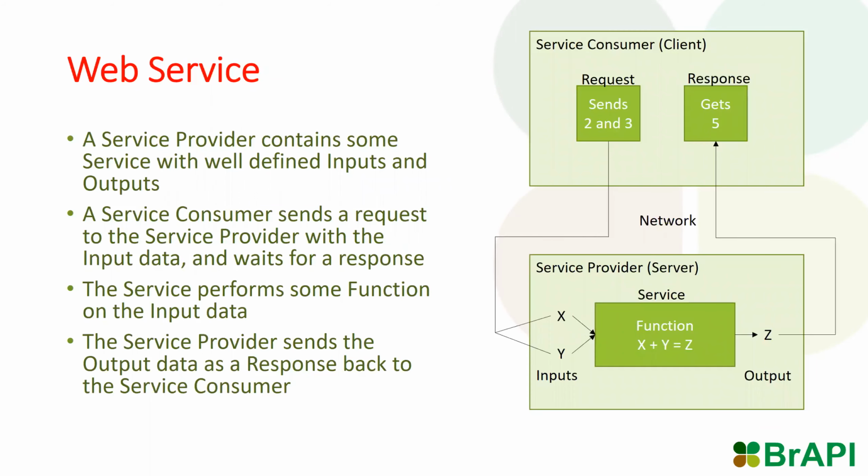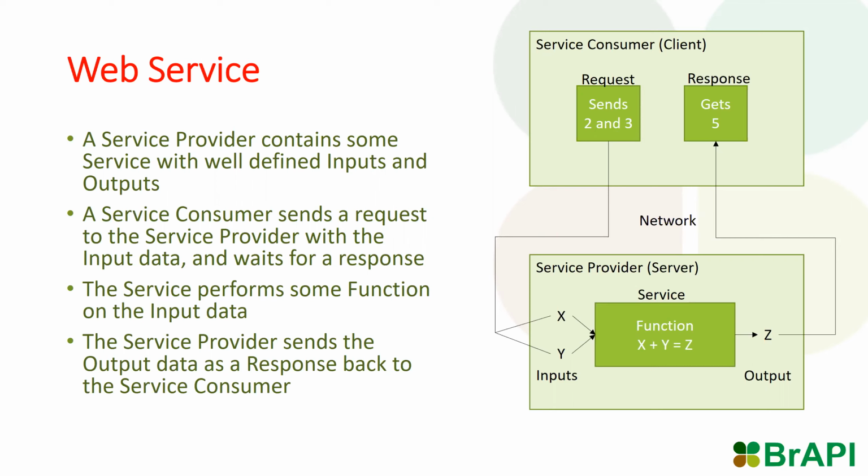All right, what is a web service? A web service is typically a type of API, and usually there are two parts to a service request, and it creates this loop that I've illustrated here on the right. There's a service consumer and a service provider, commonly known as the client and server. The service consumer is going to put together a request. In this case, it's sending the numbers 2 and 3.